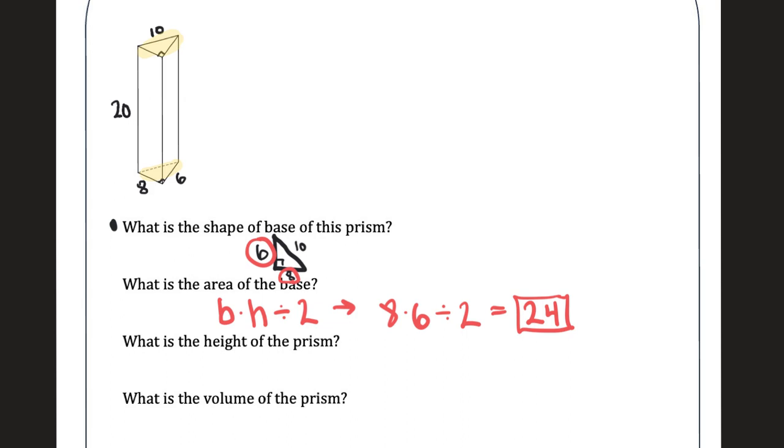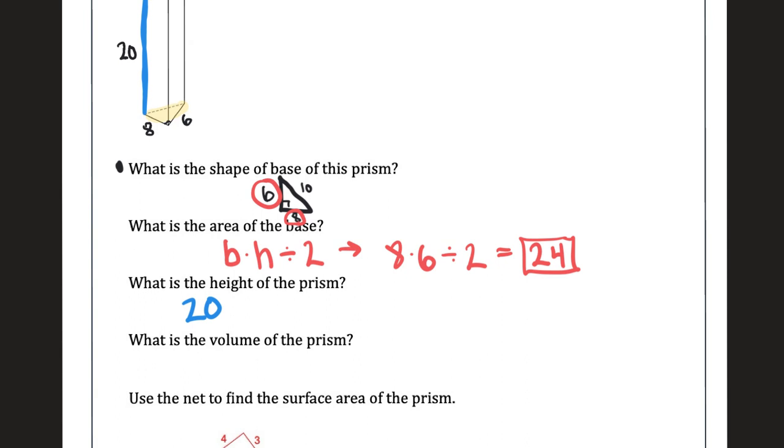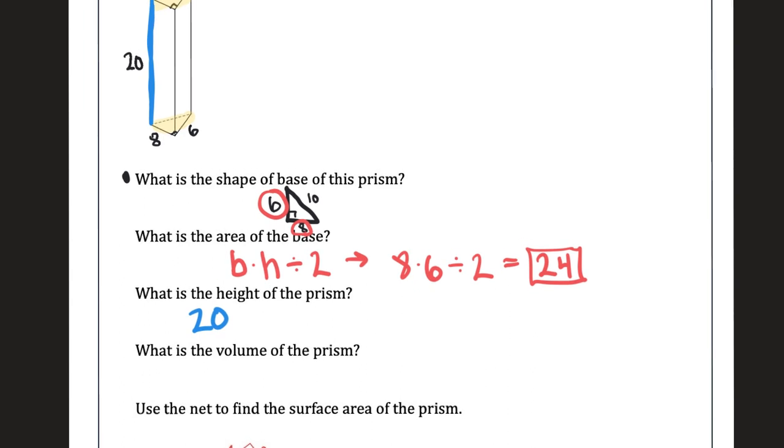Okay, the next thing we need to do is find the height of our prism. So that is the distance between the two bases. So our height, very simple, is 20. The volume of the prism is also a pretty simple process because we already have everything we need. We know that volume is equal to the area of the base times the height.